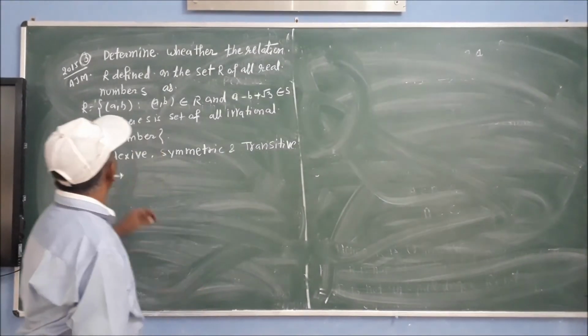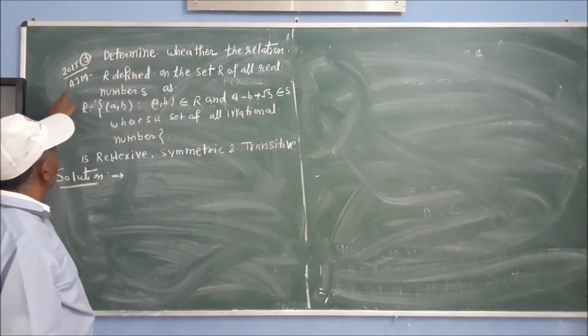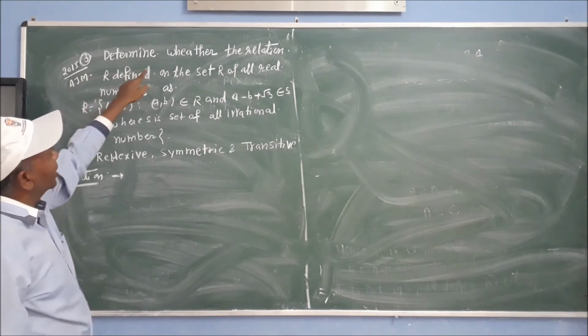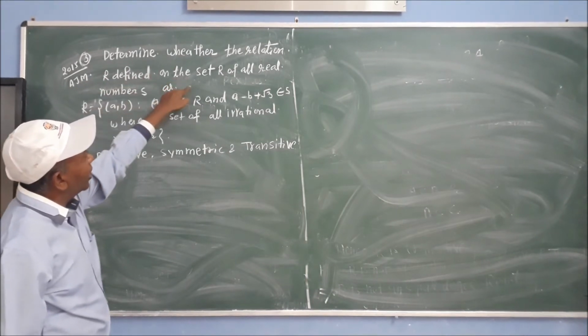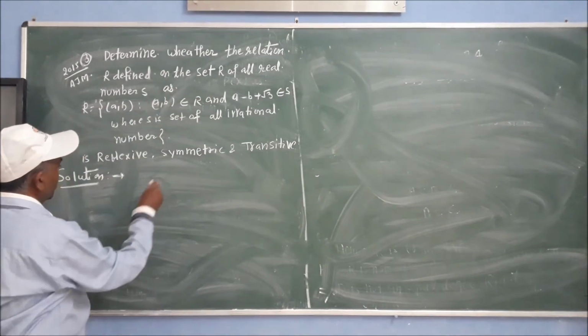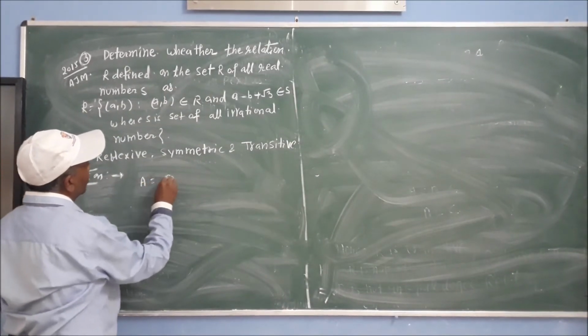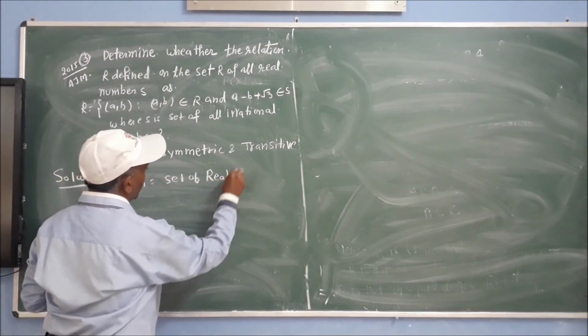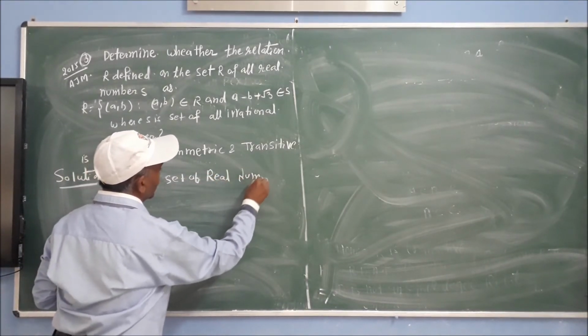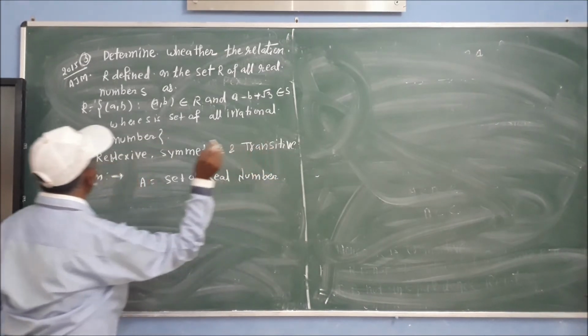See here, here is another question of 2015. Ajmer said, determine whether the relation R is defined on the set R of all real numbers. So set A is equal to the set of real numbers, which, as you know, includes rational and also irrational numbers.